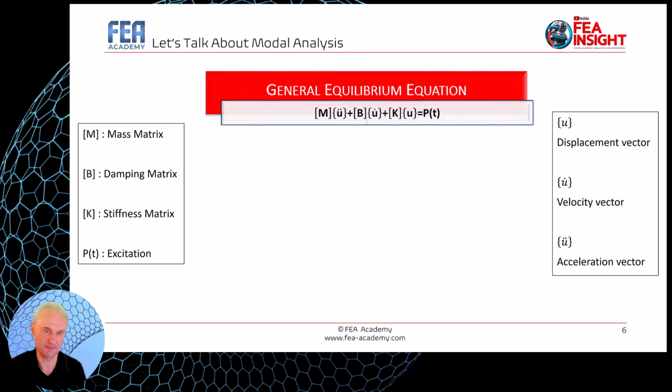And then you have the different variables: the displacement vector, the velocity vector, and the acceleration vector. So this general equilibrium equation shows how they are related to each other.